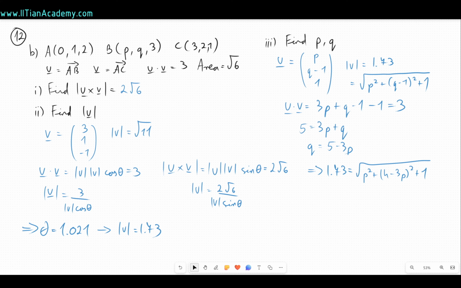And we can use our GDC again with NSolve. We just input this, we solve for p. We find that p can either be 1 or p can be equal to 1.4. Again, we can kind of expect there to be two results, as this is a quadratic expression here. And then we can plug these values back in here so we can find the values of the corresponding q's. So here q will be 2 and here q will be 0.8.